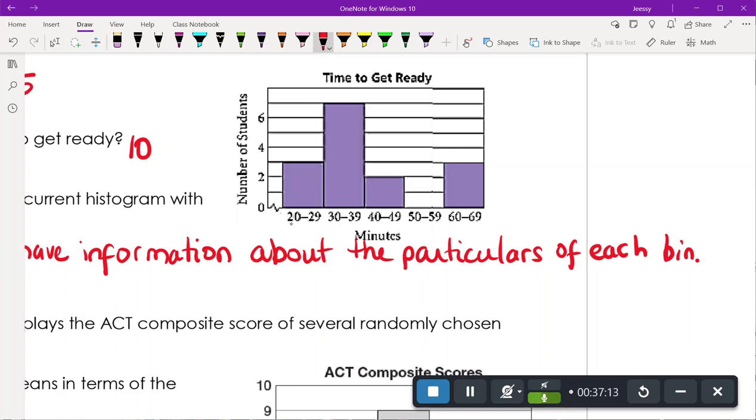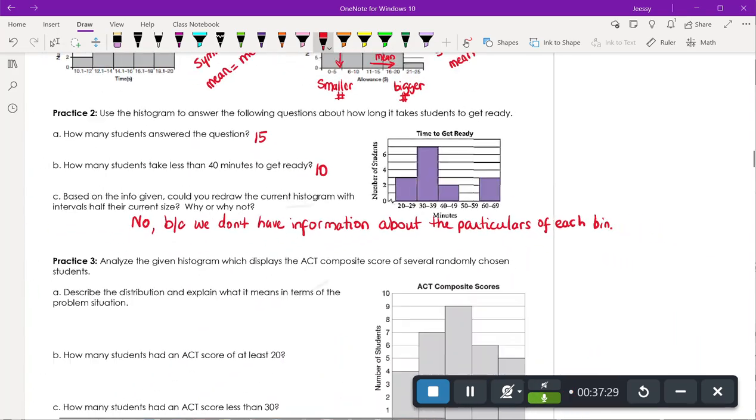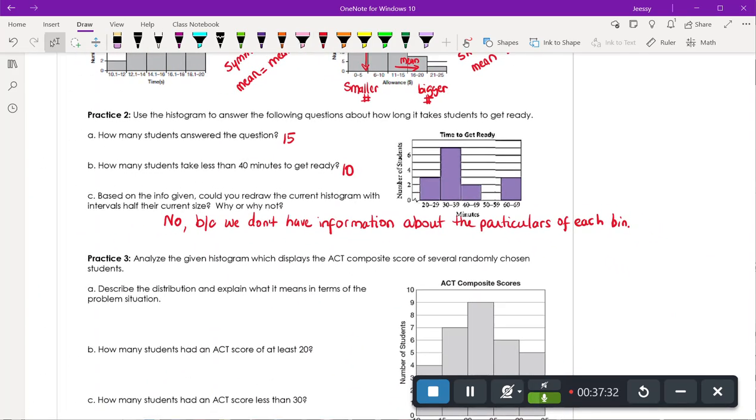Okay, but do we know how many students took exactly 20 minutes? No. Exactly 21 minutes. So there's no way we can break this down into smaller bins because we don't know what would go in each of those smaller sections. Clear? So no, we cannot break it down because we don't have information about the particulars of each bin.